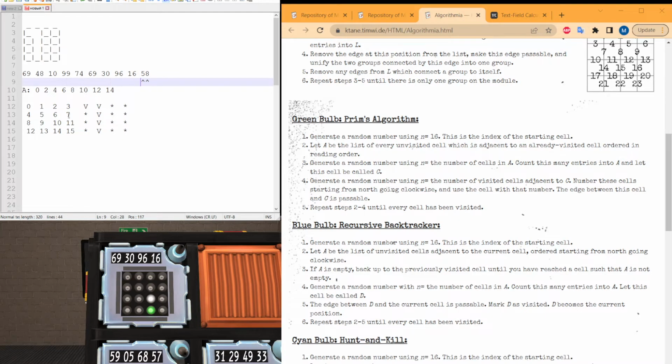Okay, now we still have 2, 4, 6, 8, 10, 12, 14. 58 modulo 7 is going to be 2, so it's cell 6. This cell also has only one adjacent visited cell, so we remove the wall between these two cells and move the pointer twice.